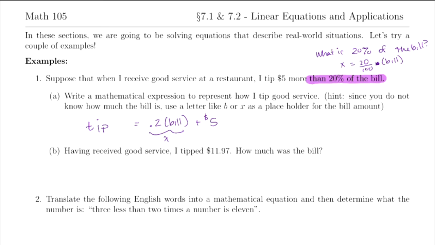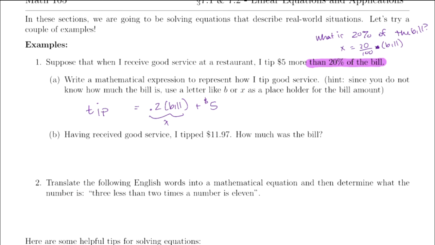So part B, having received good service, I tipped $11.97, and I want to know how much the bill was. So you're going to do $11.97, that's your tip, equals 0.2 times your bill plus $5. I'm going to subtract 5 to start with, so I get $6.97 equals 0.2 times the bill.